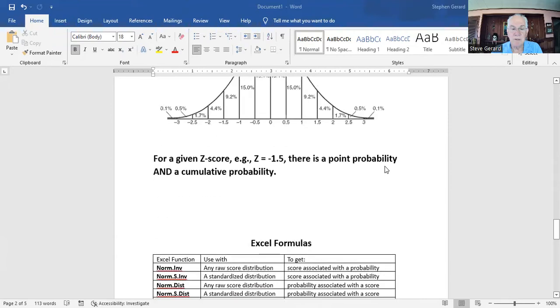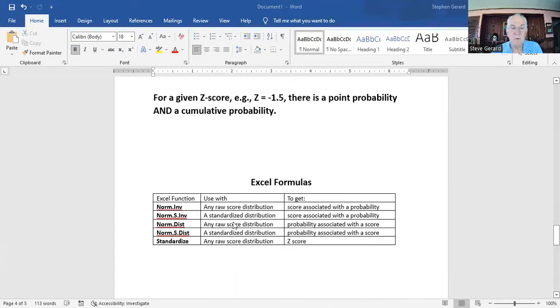First of all, I'd come down here and say, okay, which one of these do I use? Well, we're using raw data, so I'm using either norm.inv or norm.dist, because they're both raw score distributions. And for the first one, what I want to know is the probability of scoring less than 95.